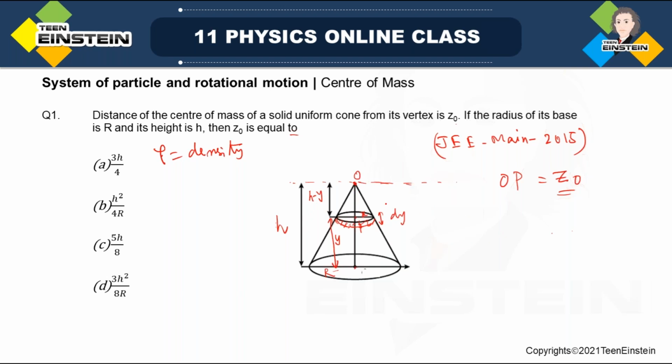So if we consider similar triangles, suppose this is O, this is P, and this is A, triangle OAP, and another triangle, suppose this is B and this is Q. Similar triangles OBQ and OAP. These two triangles are there.